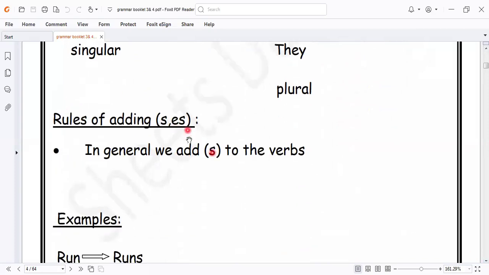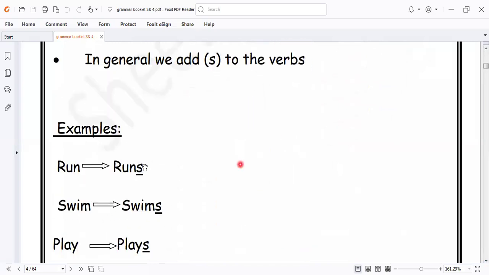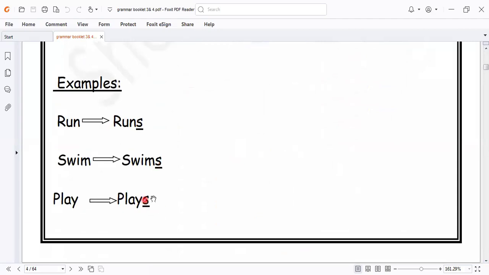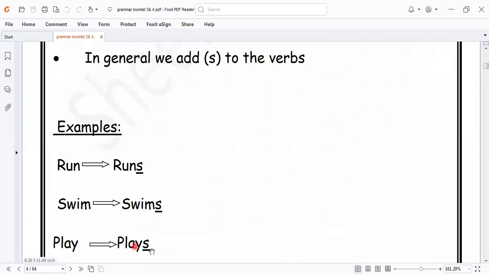Rules of adding s and es. In general, we add s to the verbs, like runs, swims, plays. In plays, you can't omit the y and add ies. Plays takes s only, because as we told before in the grammar course, if there is a vowel before y, you can't omit y.